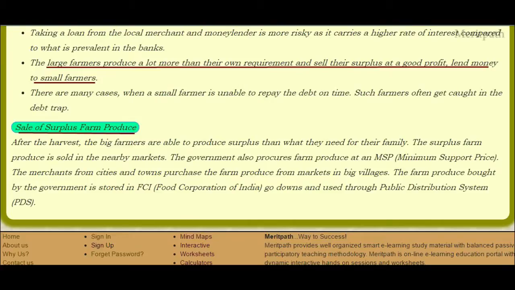Sale of the surplus farm produce. After the harvest, the big farmers are able to produce a surplus beyond what they need for their family, and the surplus farm produce is sold in the nearby markets.